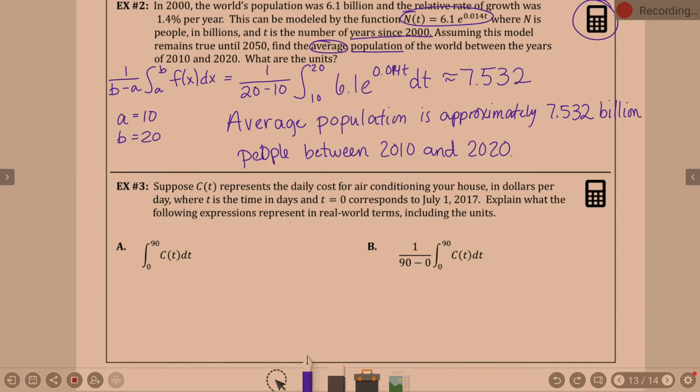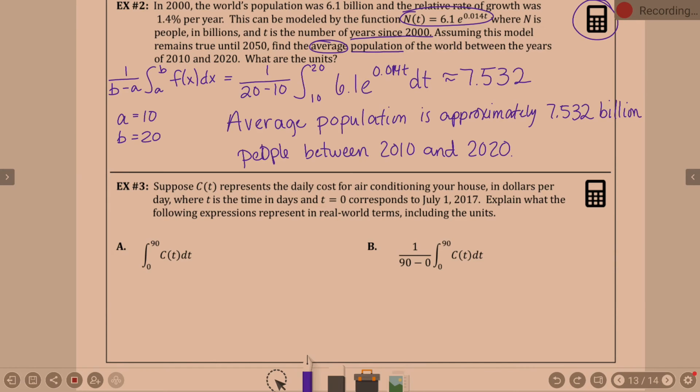Okay, 3. It says this is a calculator problem, but I think we should do this without the calculator. Did I not read the full directions? Suppose C of t represents the daily cost for air conditioning your house in dollars per day, where t is the time in days and t equals 0 corresponds to July 1st, 2017.